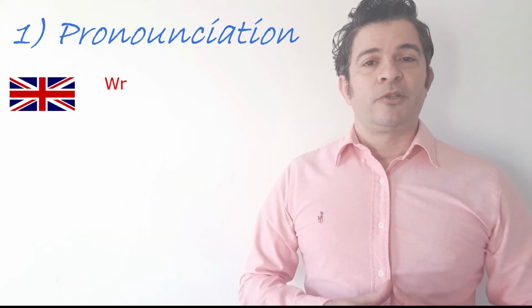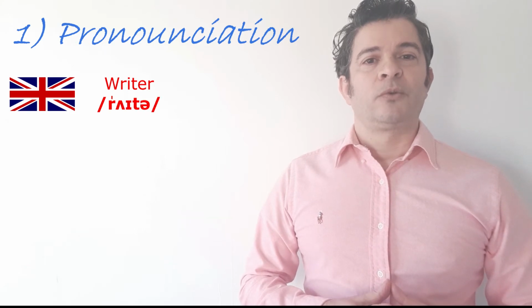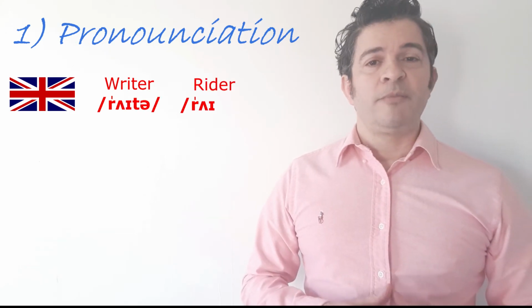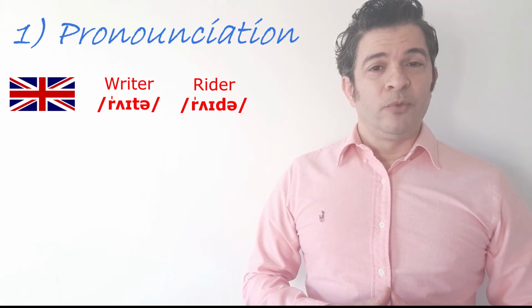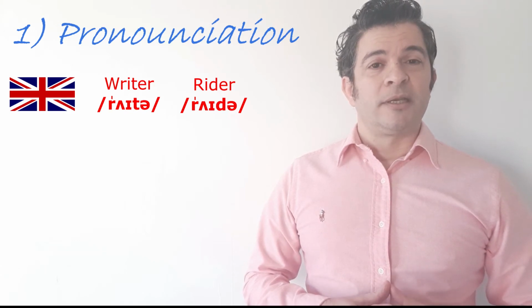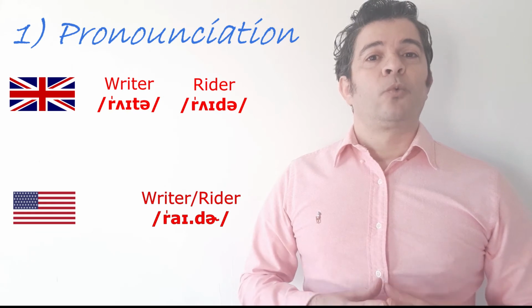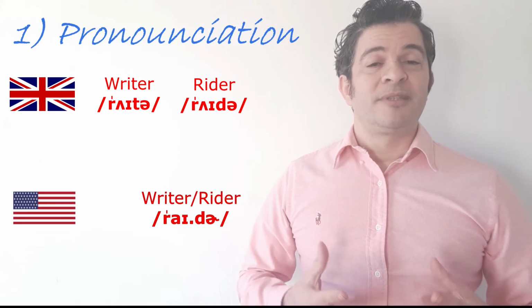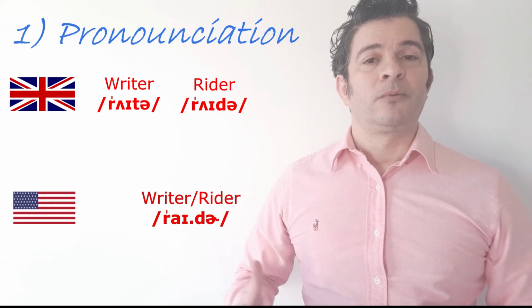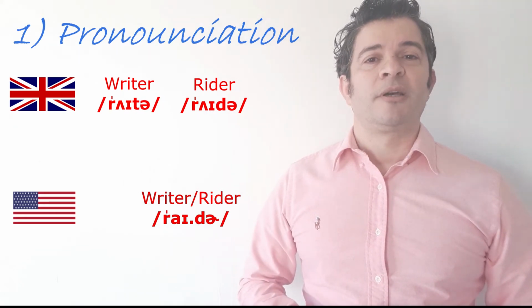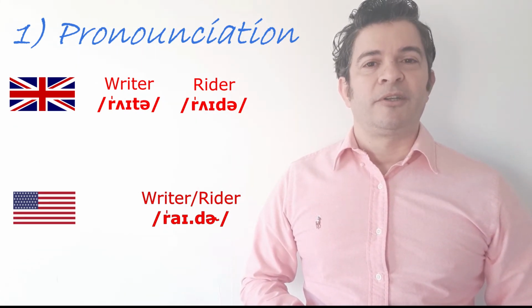Another example is the words writer and rider. In British English, they are pronounced differently, but because of the flap rule, in American English they are pronounced the same: rider.